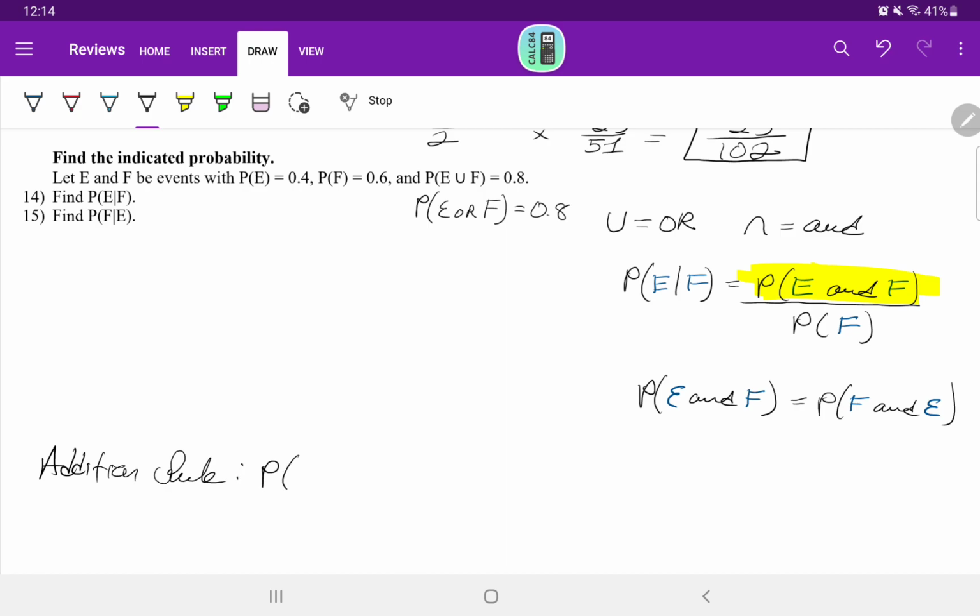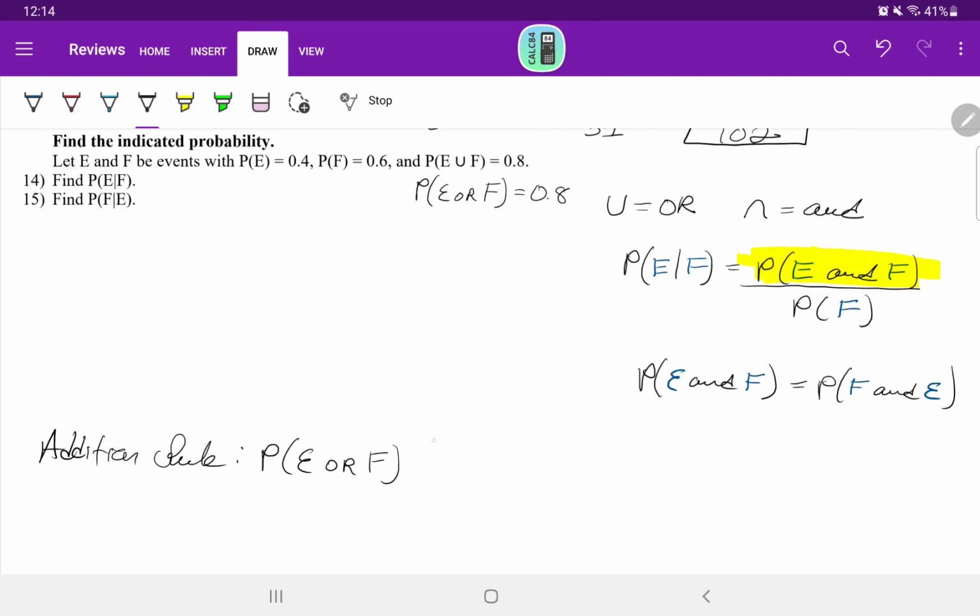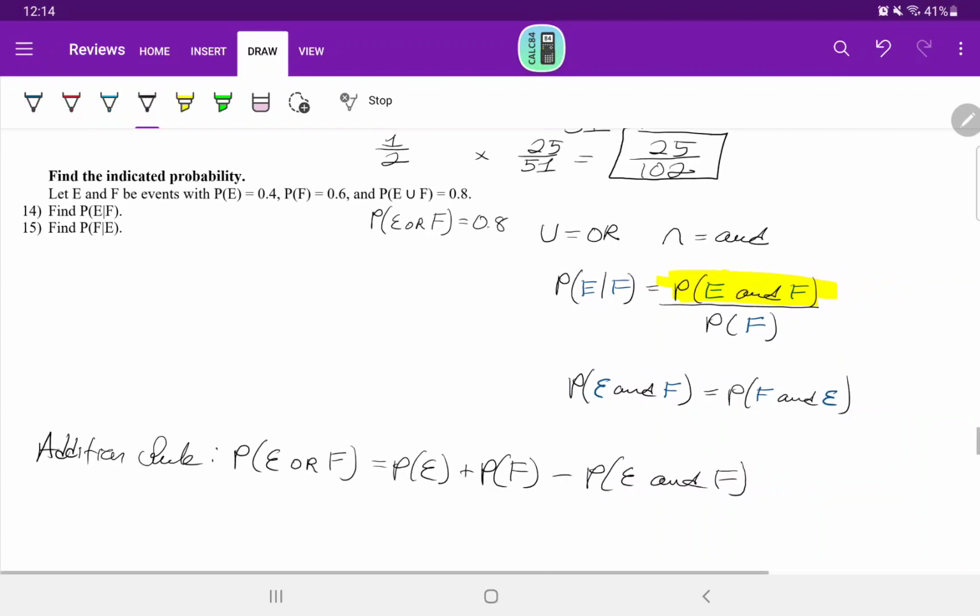The probability of E or F, well, you can use A or B, but I'm using E or F to keep it consistent, will equal the probability of event E plus the probability of event F minus the probability of E and F. The probability of E or F is already given to us. That is 0.8.